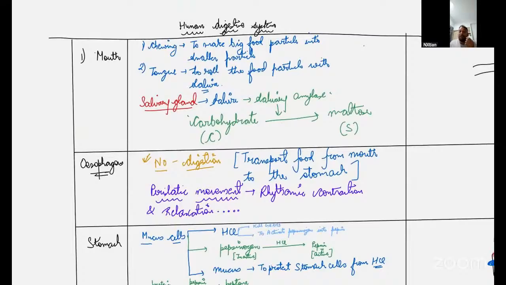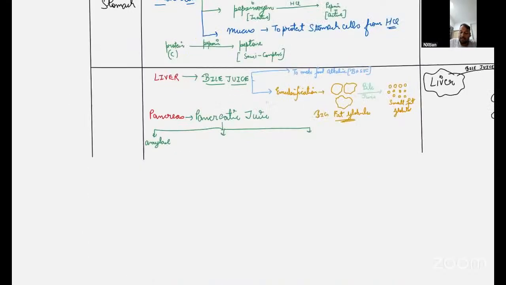Those carbohydrates which are not digested in the mouth, because we have a very bad habit of swallowing quickly, those carbohydrates which were not converted in the mouth will now be converted in the intestine.